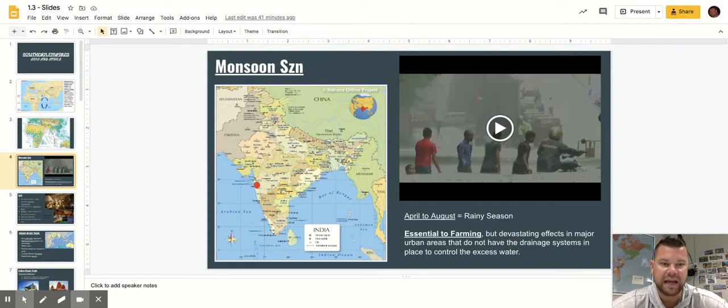Sometimes the urban areas, though, in India are not able to handle this amount of rainfall. And one of the reasons why currently India cannot handle this is that all of these infrastructural systems were set up by the British over the course of 300 years, essentially, from the 1600s to 1947, when India finally became independent of British rule.